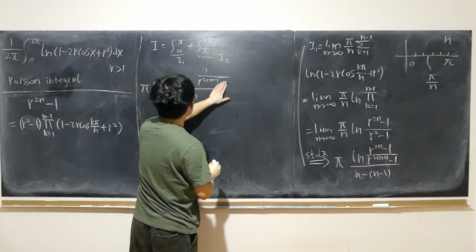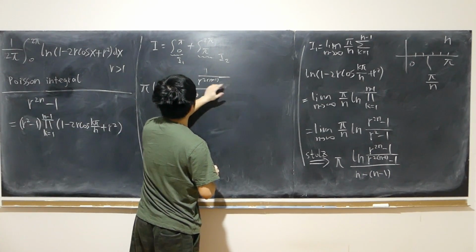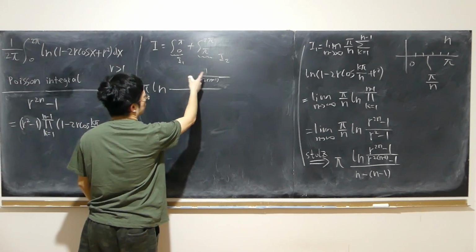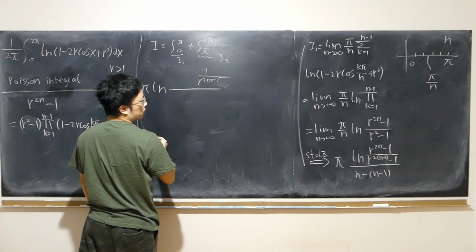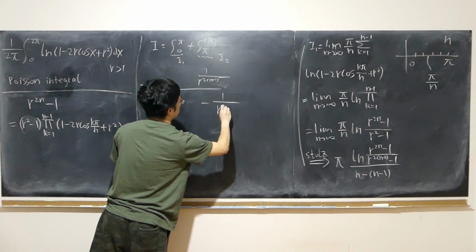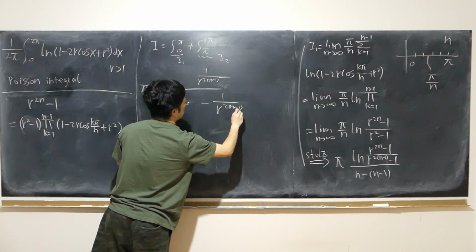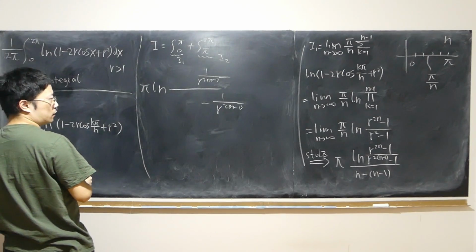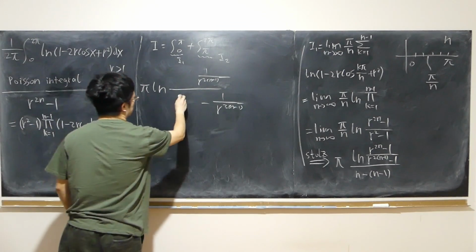That will eventually approach 0. But the bottom becomes minus 1 over r to the power of 2 times n minus 1.